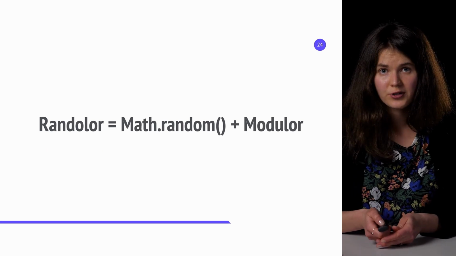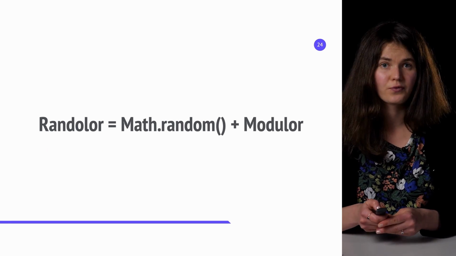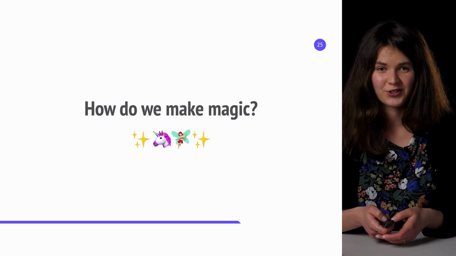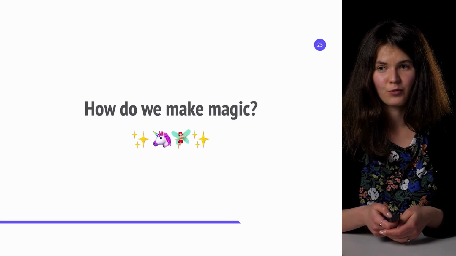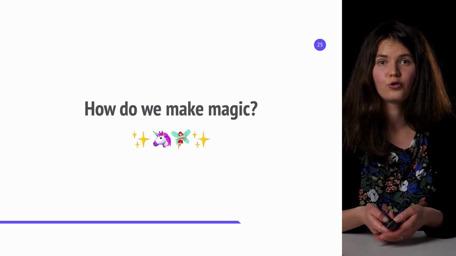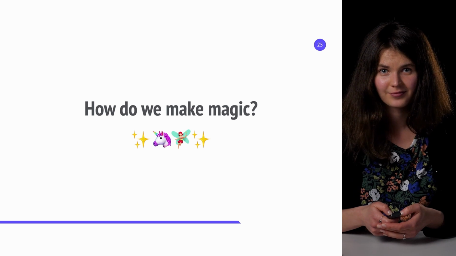So the first part of Randolor stands for random. And here we came to the most exciting part of the app, where we can find out how we are able to make magic using randomness.